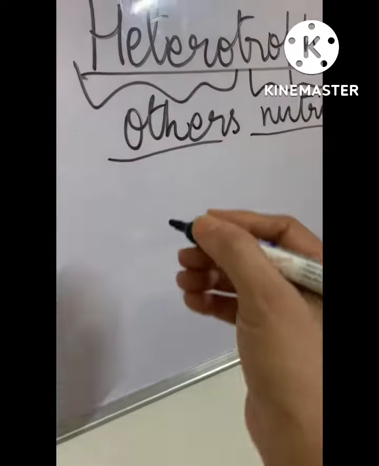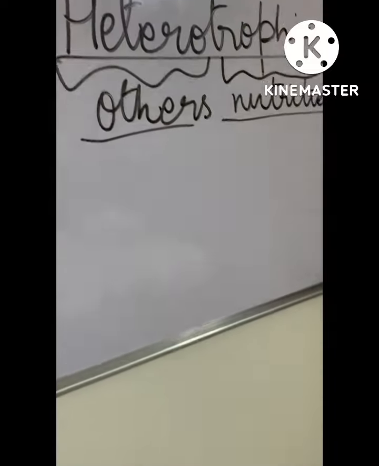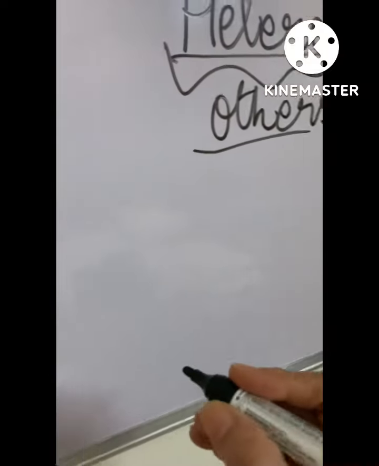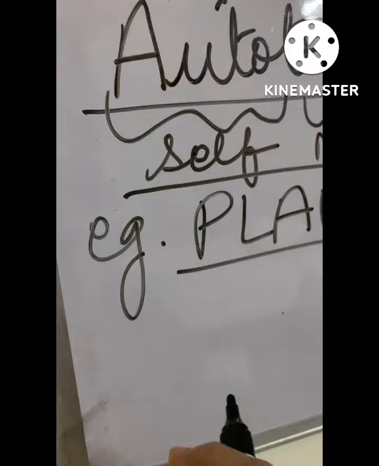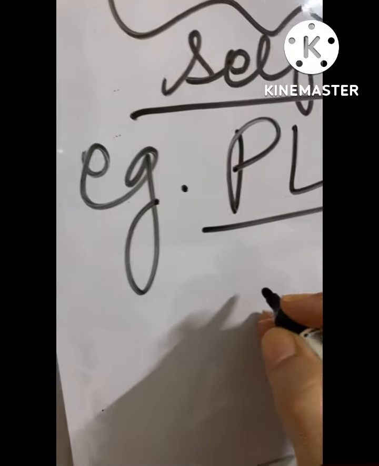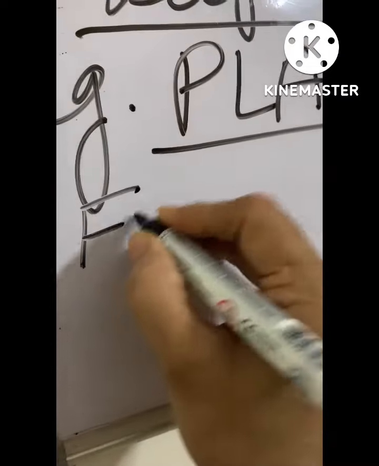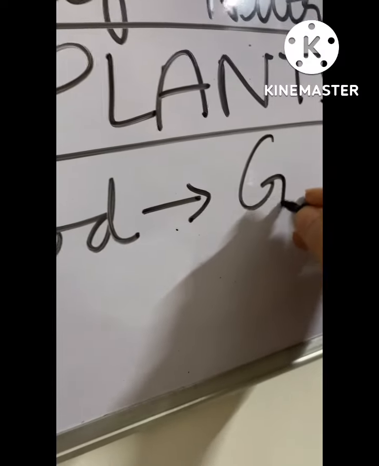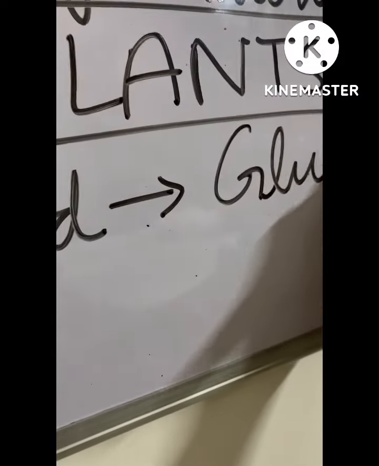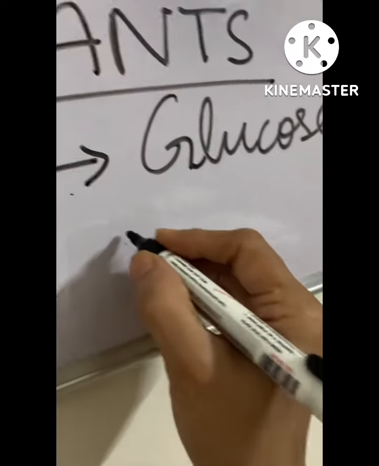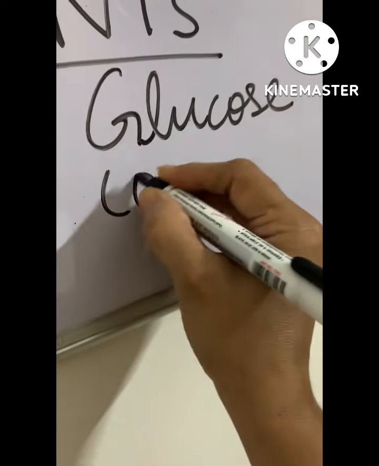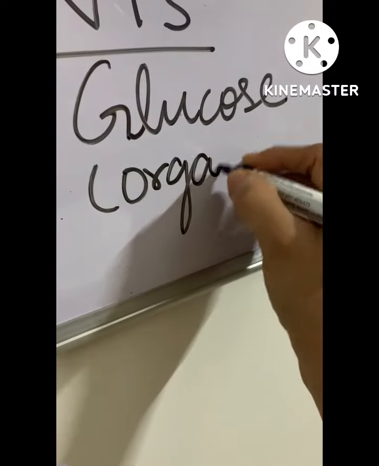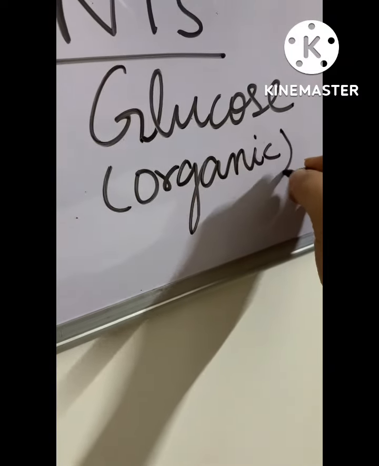Now children, in this heterotrophic nutrition, I would like to tell you that first in autotrophic nutrition, the food that is prepared by the plants is the glucose, and it is organic in nature. That is, it is a carbon compound.